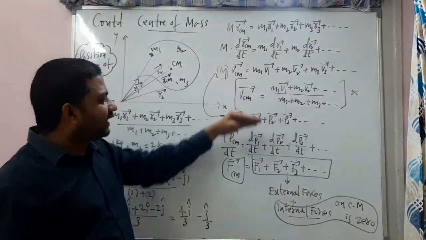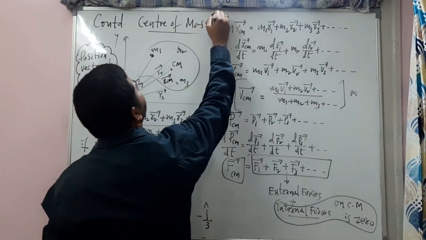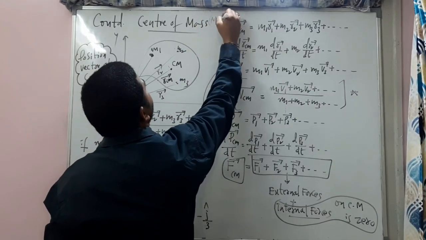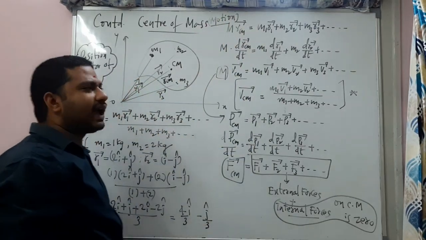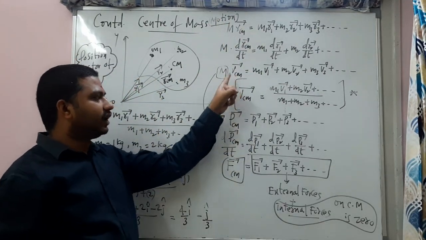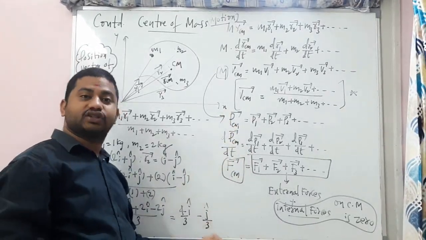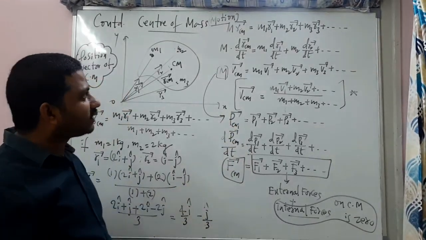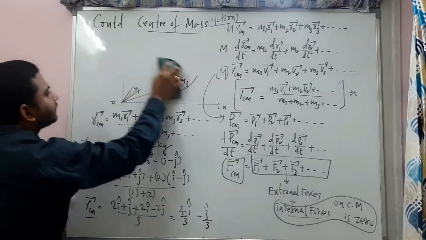All these things are called the motion of the center of mass, my dear students. The center of mass will have velocity, linear momentum, and there is a force acting on it, and there is an acceleration also. So what is that acceleration? Let's have a look at it: acceleration of the center of mass, students.